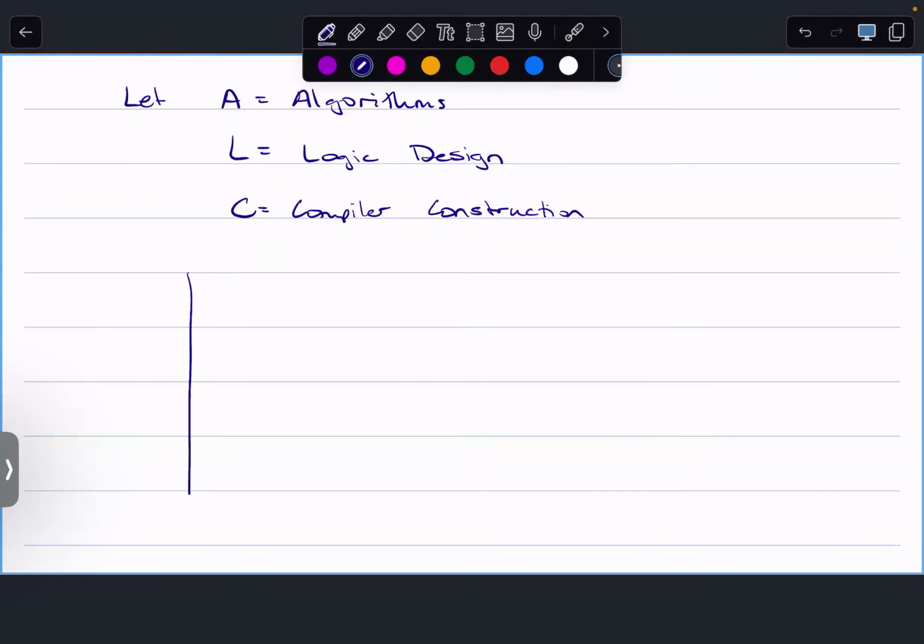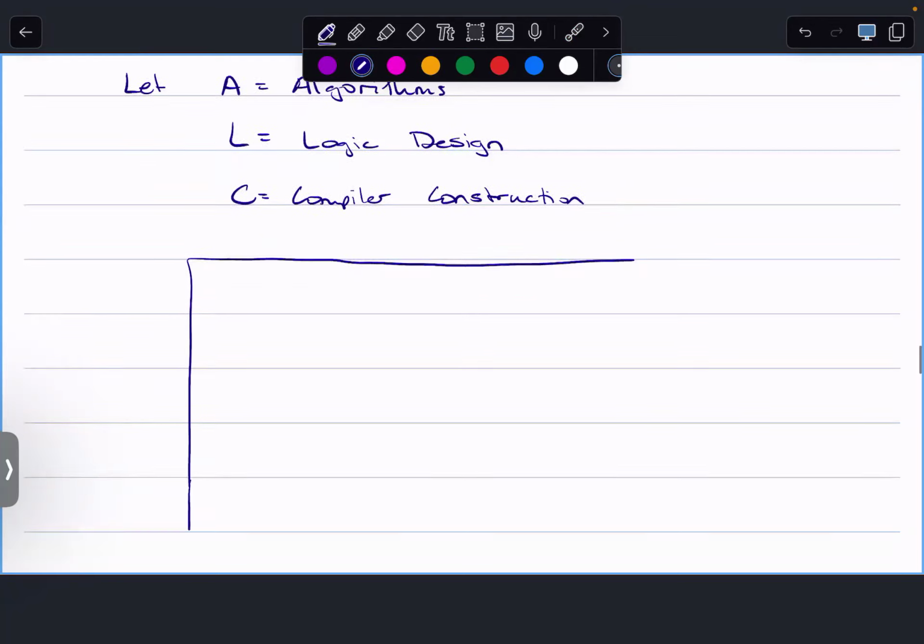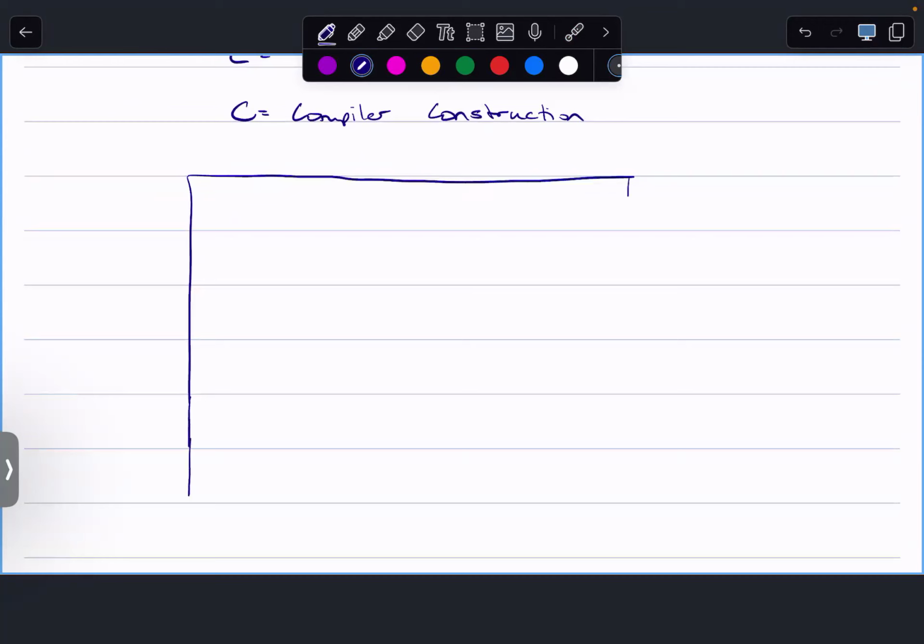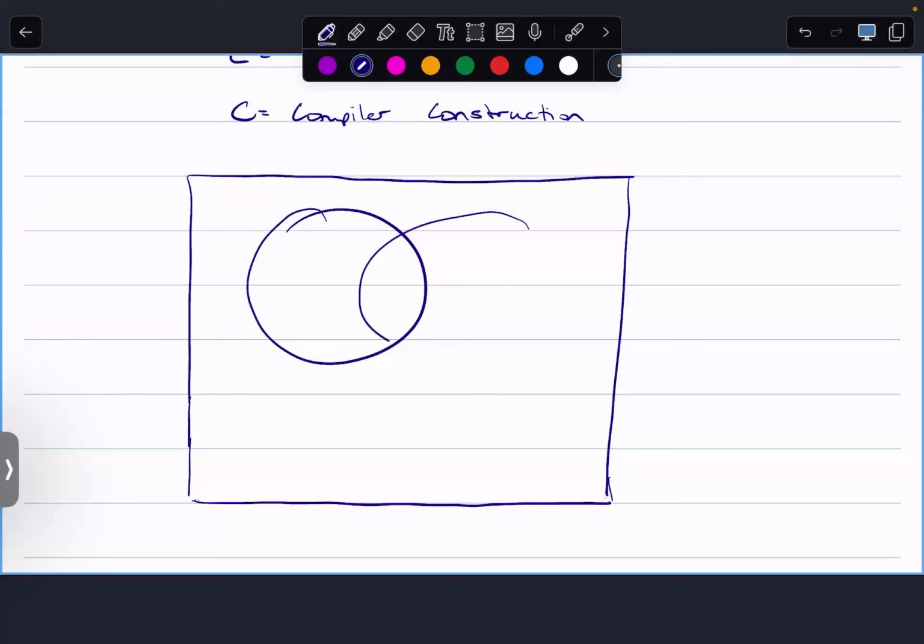Because what are we going to do? Let's make a nice big Venn diagram here. If I have 3 things, I need a 3-circled Venn diagram, which I showed you last day, and it's going to look something like this.